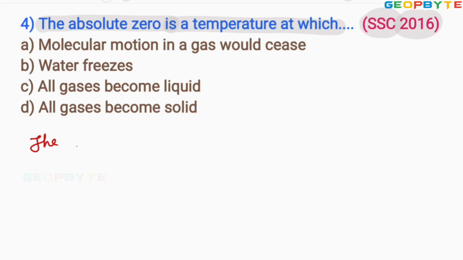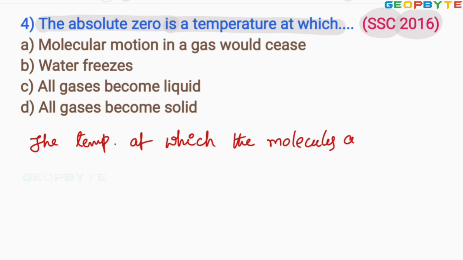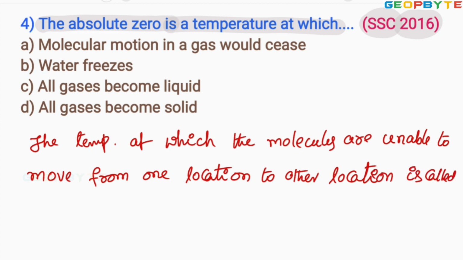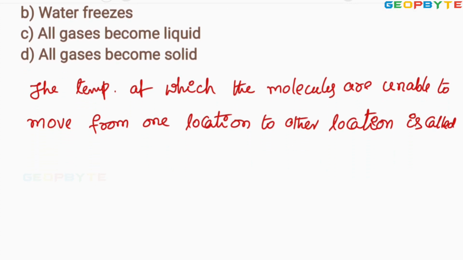Let me write it. The temperature at which the molecules are unable to move from one location to other location is called absolute zero temperature.